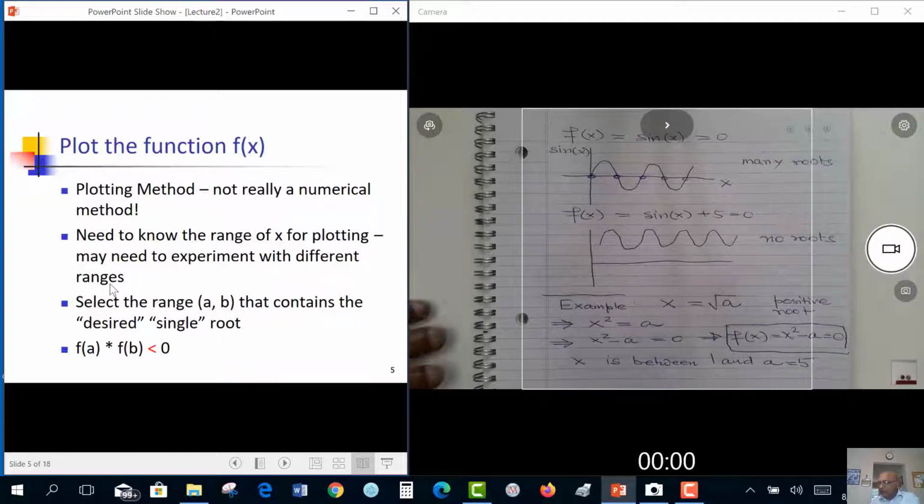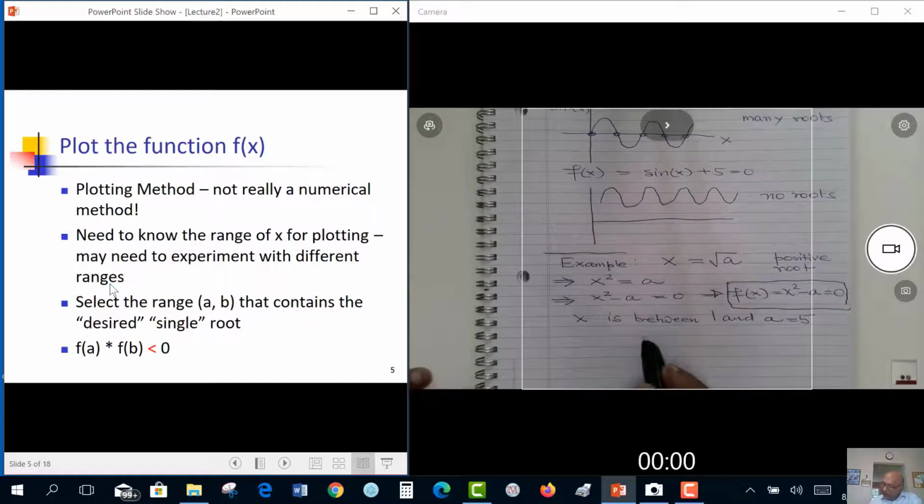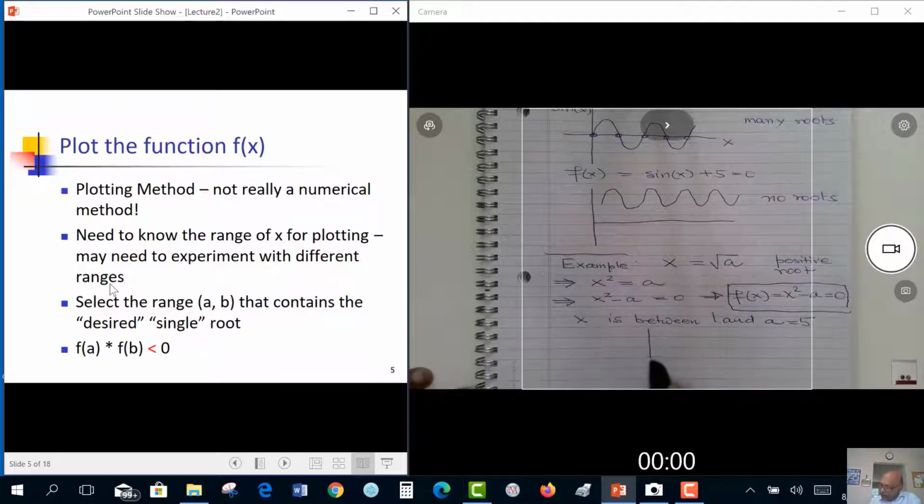But let's suppose once we plot it, we find the function touches the x-axis. In fact, crosses the x-axis between a and b. So now we can focus on this range, which contains a unique single root.